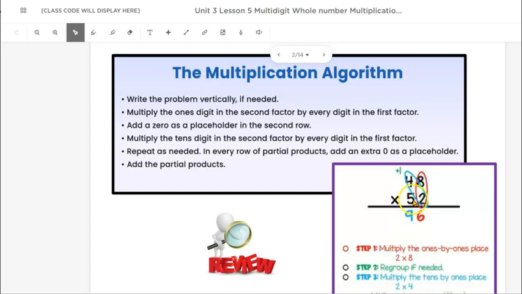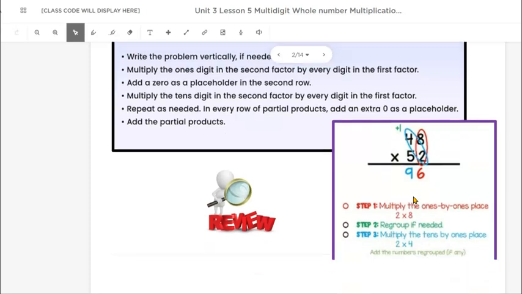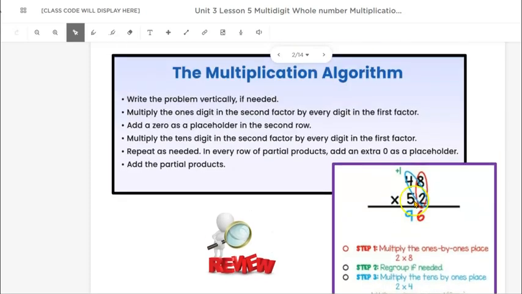Now we have to go to the 5, the 5 that's in the second factor. So how do we do that? Well, we are going to add a placeholder. So I'm going to go ahead and add one because we're now working in the tens place.